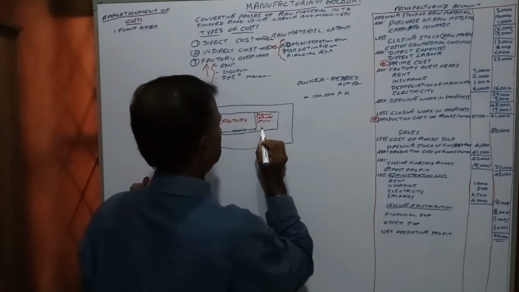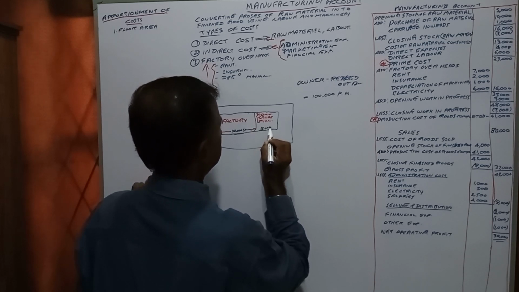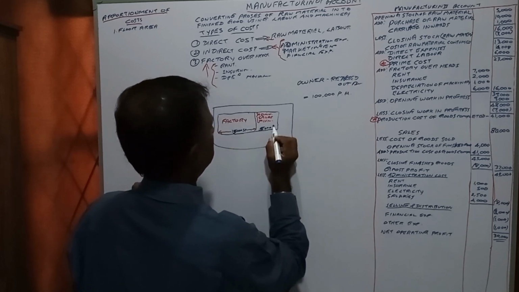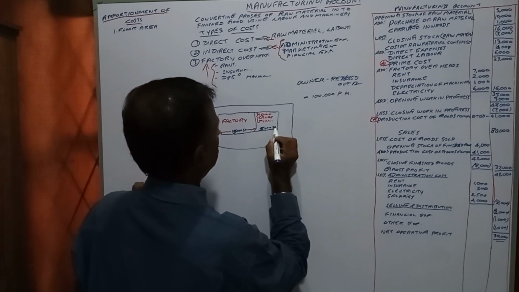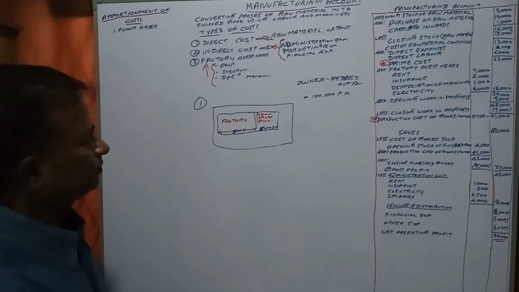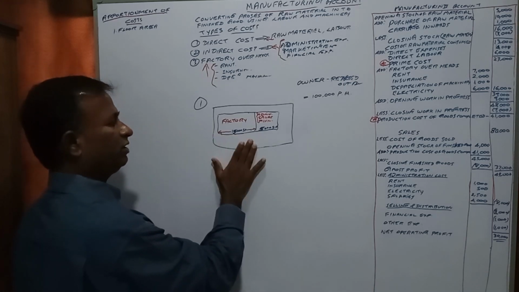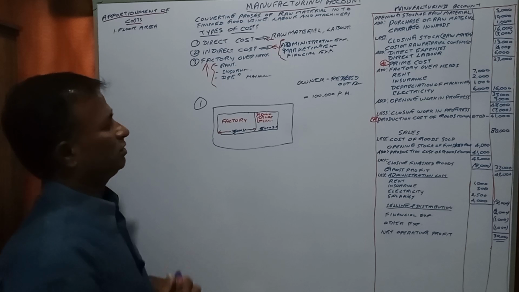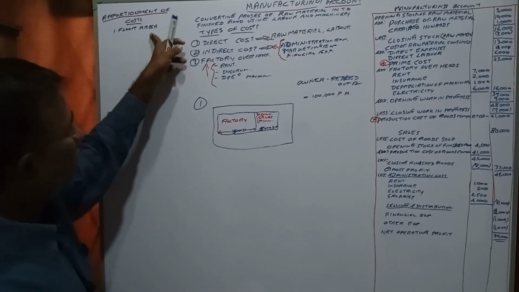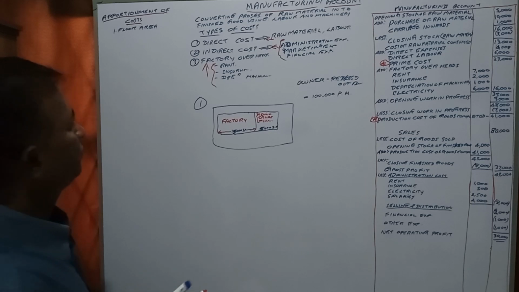This is 3,000 square feet or 5,000 square feet. For example, this is 15,000 square feet and this one is 5,000 square feet. I'll come to that later. One is floor area.